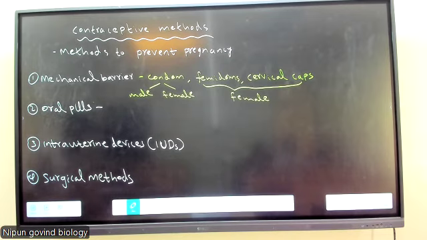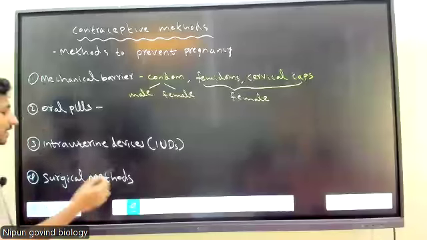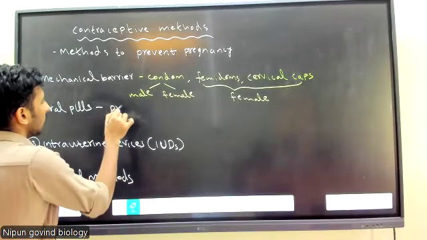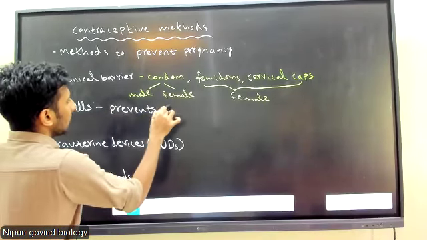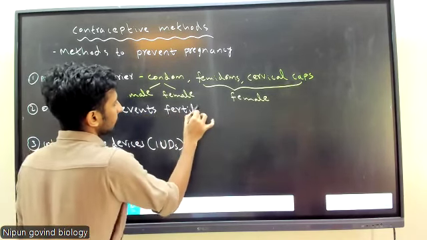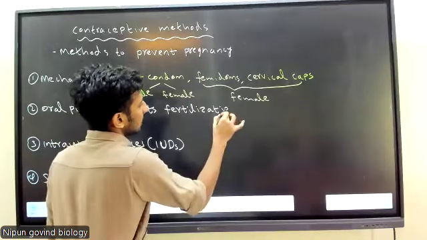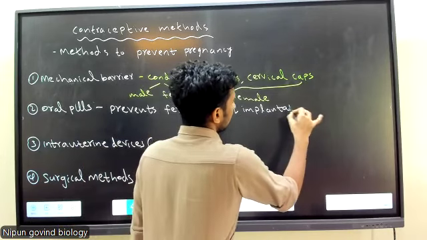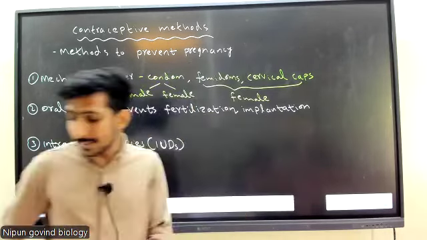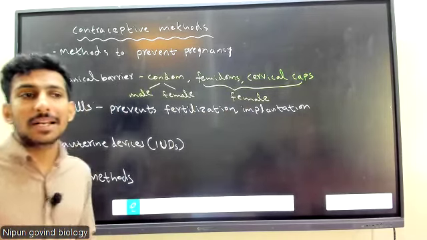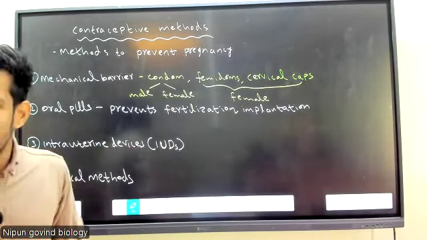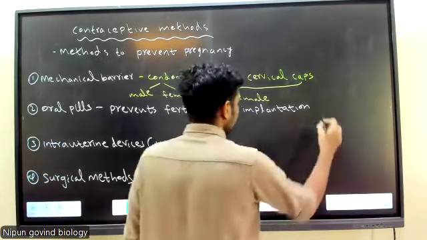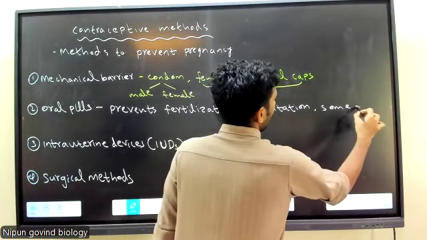Okay guys, listen. So oral pills prevent fertilization and implantation. Some oral pills also prevent ovulation.